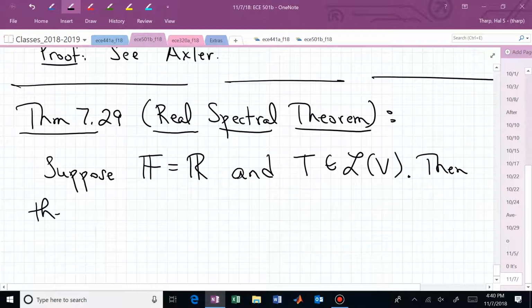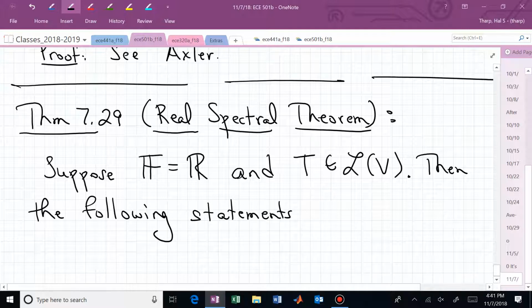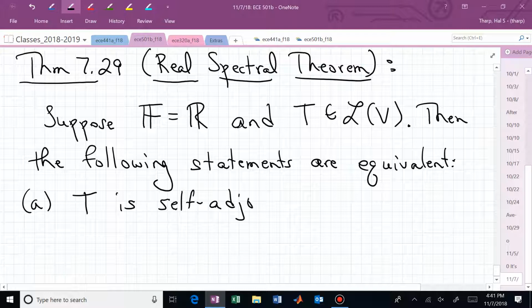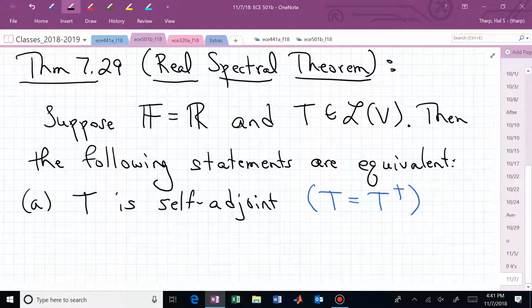Then the following statements are equivalent. First, T is self-adjoint. And that just says that T is equal to T dagger.